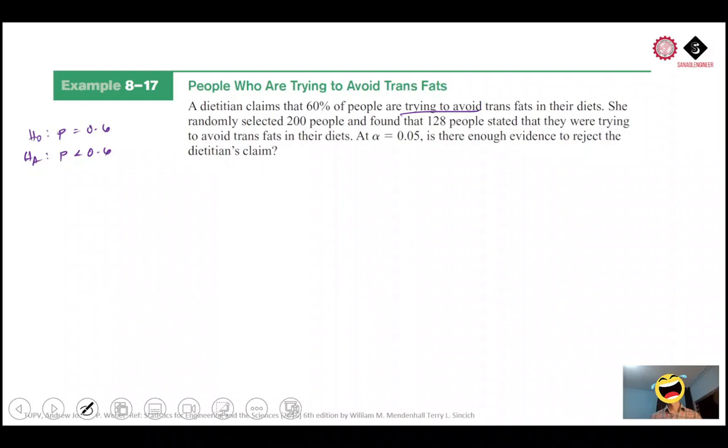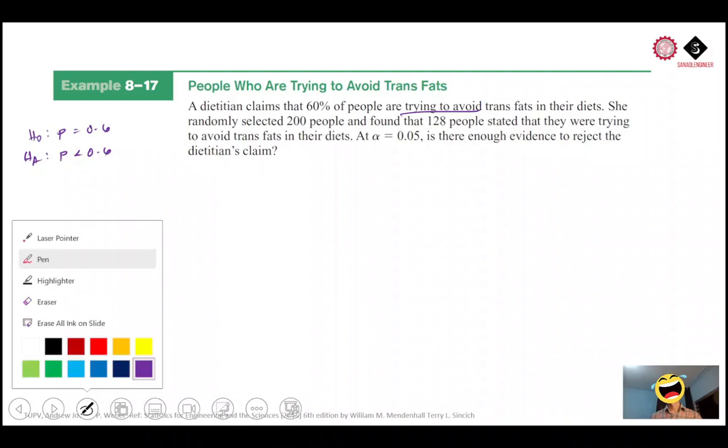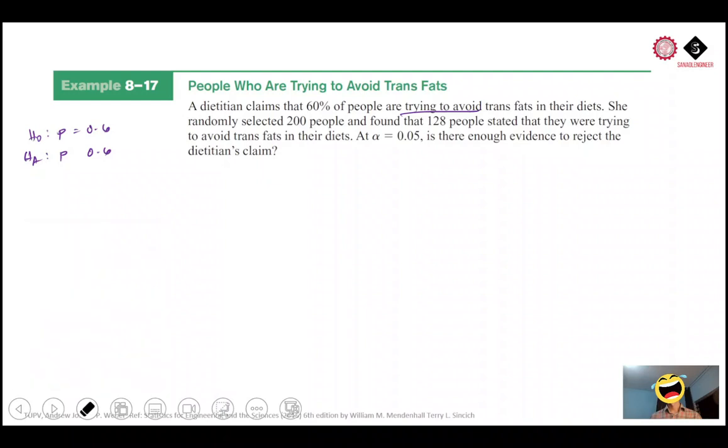It has nothing to do with the consumption of trans fats. So it's not equal. So the z-score for this is p hat minus p divided by the square root of pq over n.